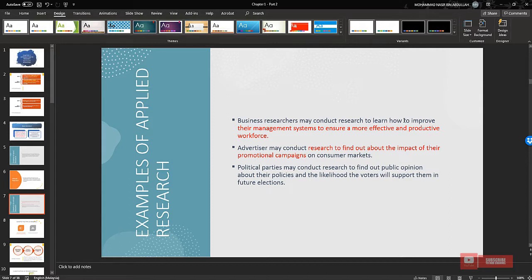And the last one I can give you, political parties may conduct research to find out public opinion about their policies and the likelihood that voters will support them in future elections. I can add that applied research is used in business to build knowledge and develop product solutions.